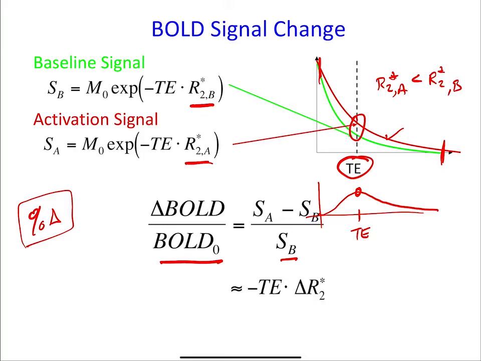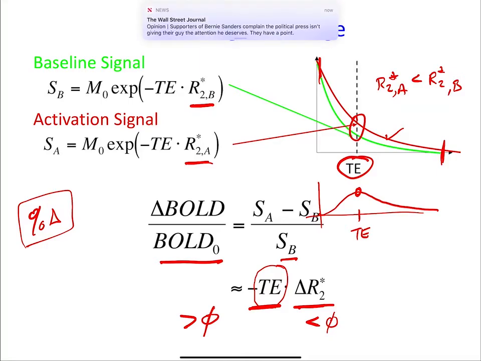And it turns out that this can be expressed as minus TE times the change in R2 star. This change is typically less than 0, so that this is typically positive. But you can see, according to this logic, the more you increase the echo time, the more percent BOLD change you're going to get.